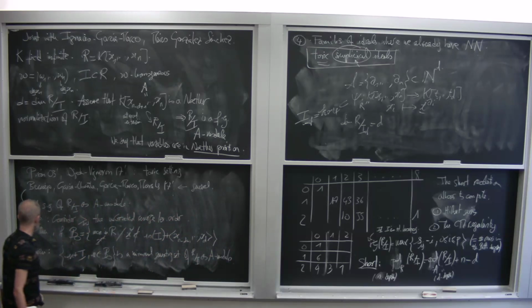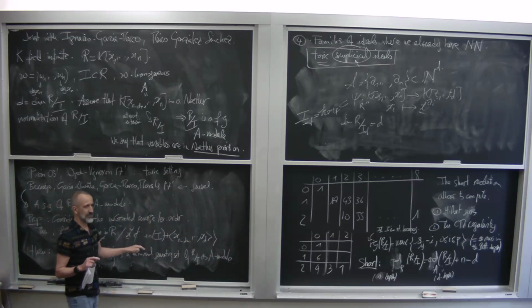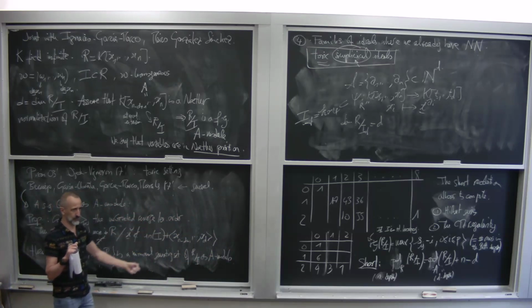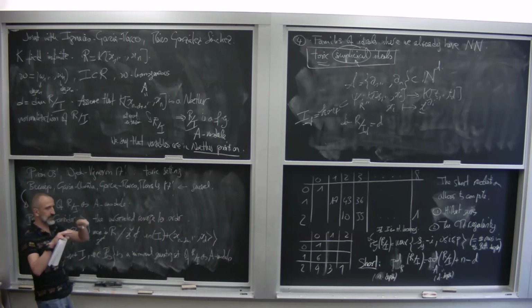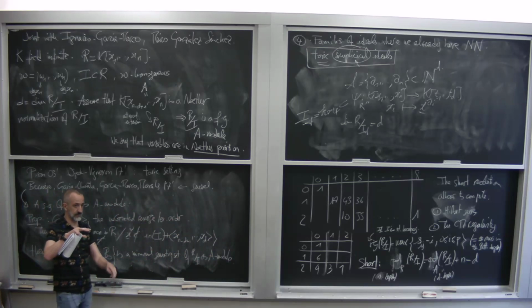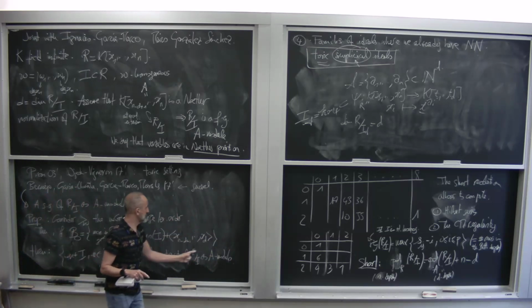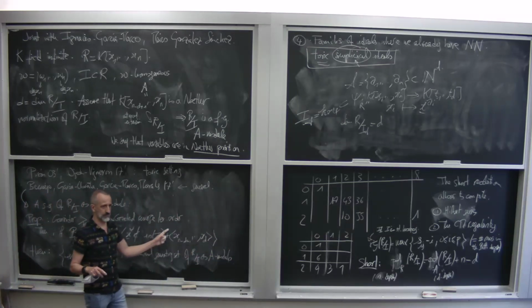Okay. So, a few things. Your initial ideal, remember, has pure powers of the first n minus d variables. So what I'm doing here is I'm looking below the staircase. What are the monomials that are not in my initial ideal? But I'm adding the variables that do not appear.